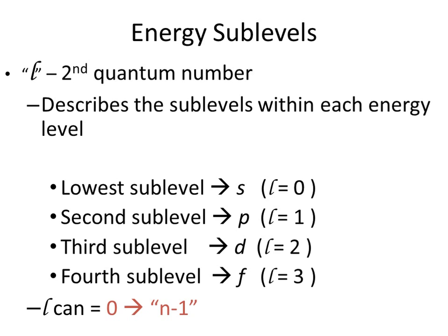If we look at the 4th main level, n minus 1 gives us 3. So l is going to have values anywhere from 0 up to and including n minus 1, whatever n happens to be for that particular electron.